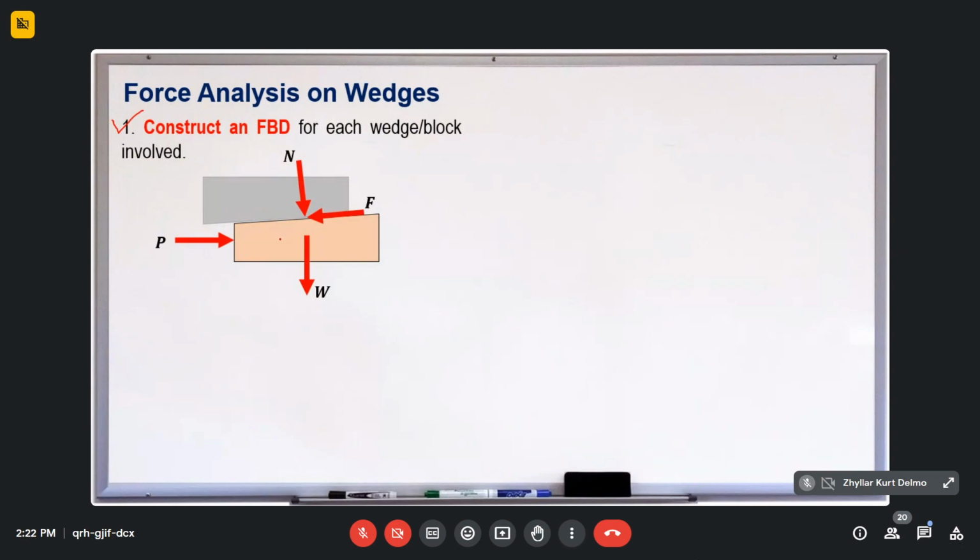So here let's focus on this wedge highlighted in light brown. The gray one is the wedge that interacts with the light brown wedge. For the forces interacting with the light brown wedge, we indicate the external forces.